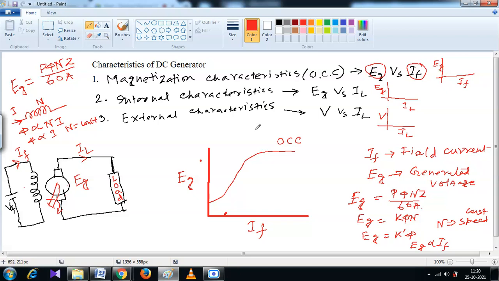Otherwise it may create confusion. So take it as T. T is number of turns.